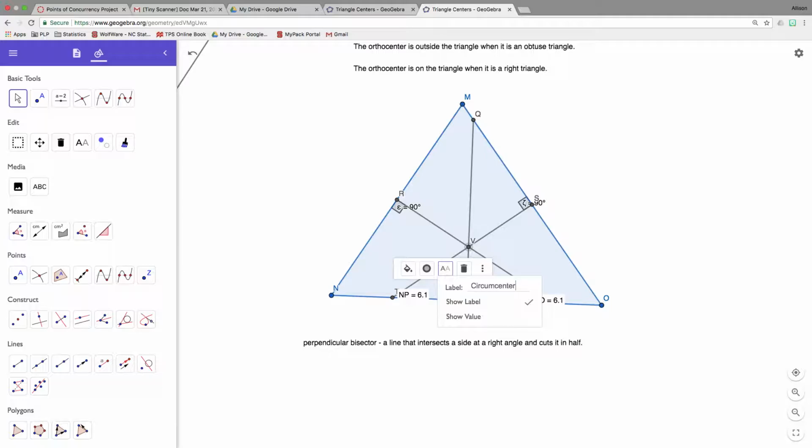You just click the point, then the double A, and then you can change it. If the main line is still not going to land that way, you're probably going to have to wind up starting over. Circumcenter.